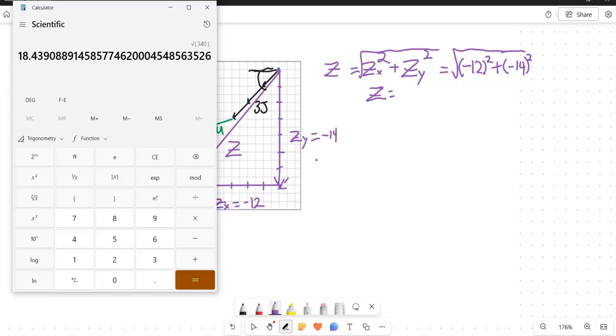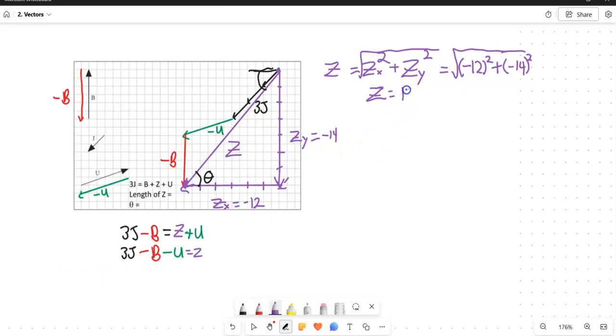So 18.44 is the length of z. So this length is 18.44.